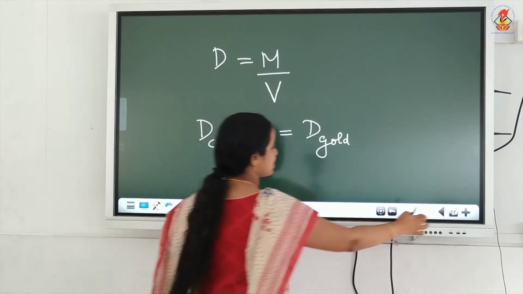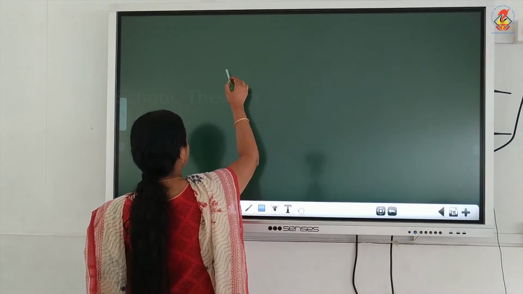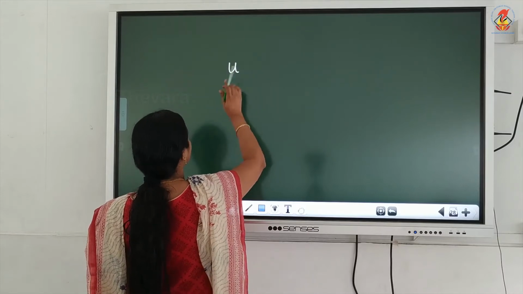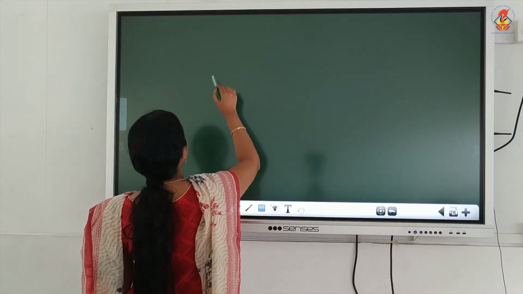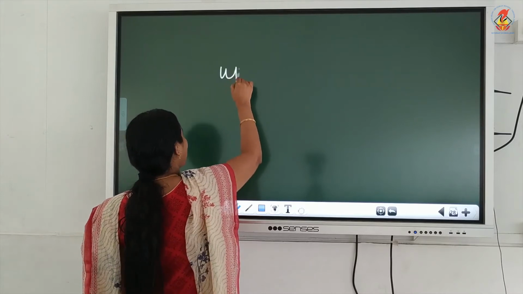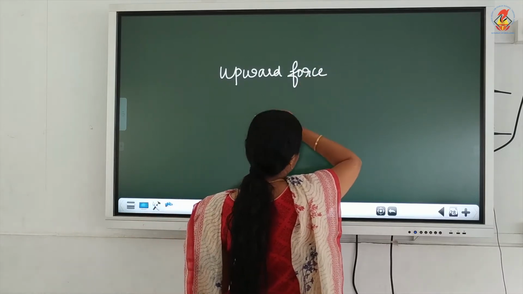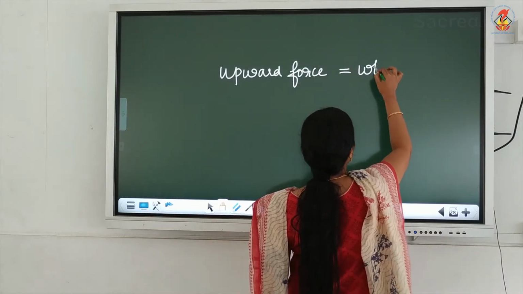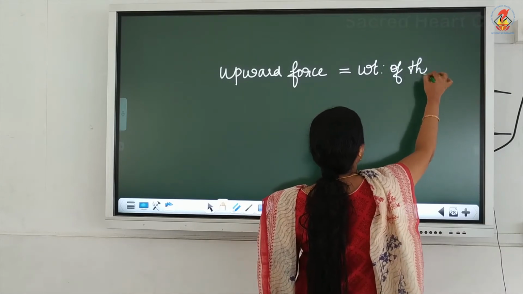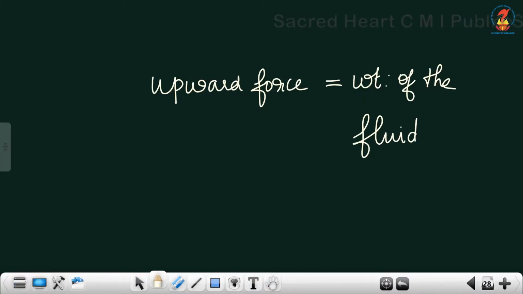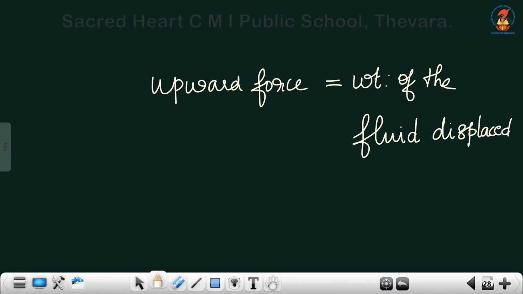So, Archimedes Principle is, when a substance is immersed partially or completely in a liquid, the upward force experienced by the object will be equal to the weight of the fluid displaced. So, when we immerse an object into a fluid, an amount of fluid will be displaced and the weight of the displaced fluid will be equal to the upward force, and this is Archimedes Principle.